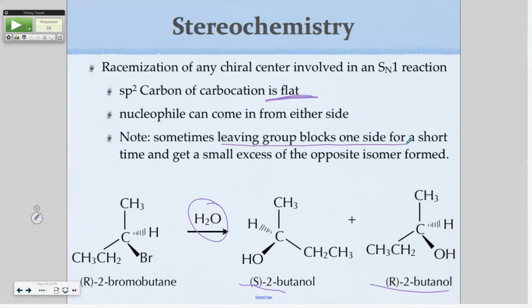You will still get both, but you might have an excess of the inverted one. But it's going to be like 60-40, not 98-2. You're still going to see your racemization. There's a time lag where your halide gets to move around and get into the solvent before this side opens up and a nucleophile can come in here or here, 50-50. That makes sense. Okay.